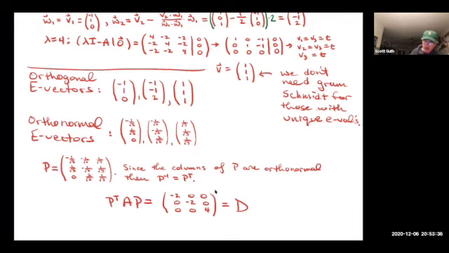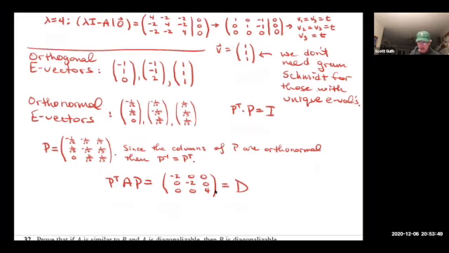And that's why if you compute P transpose times P, this will be I, the identity matrix, because it's just full of 0s and 1s. Okay. And then if you multiply P transpose times AP, that's the diagonalization, P inverse times AP, that'll make the diagonal matrix of eigenvalues. So -2, -2, and 4, these are the eigenvalues of A. So that's that.